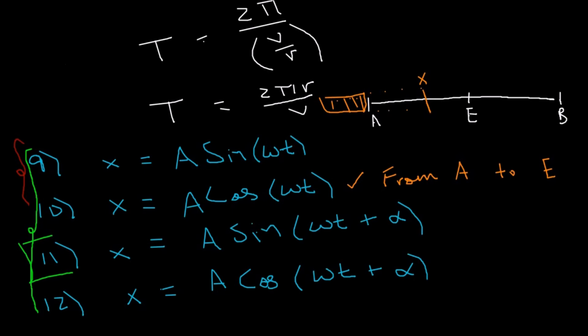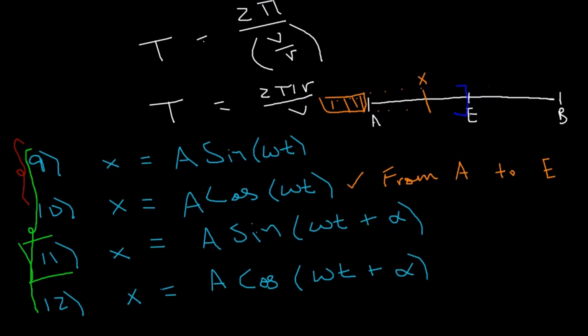Now, for this one, I'll use a different color. So you have X is equal to A sine omega t. This equation is used when a spring is already at this point over here and it's going away from the center. It may be going in this direction, let's say.